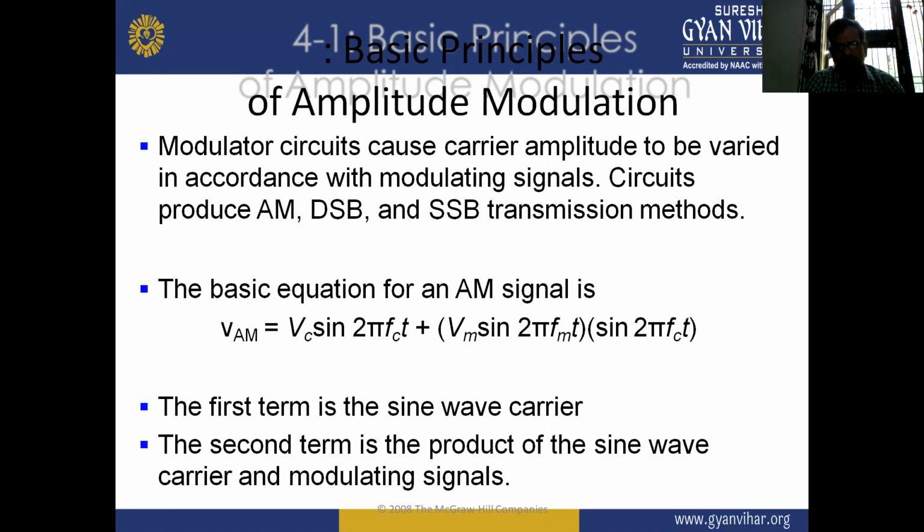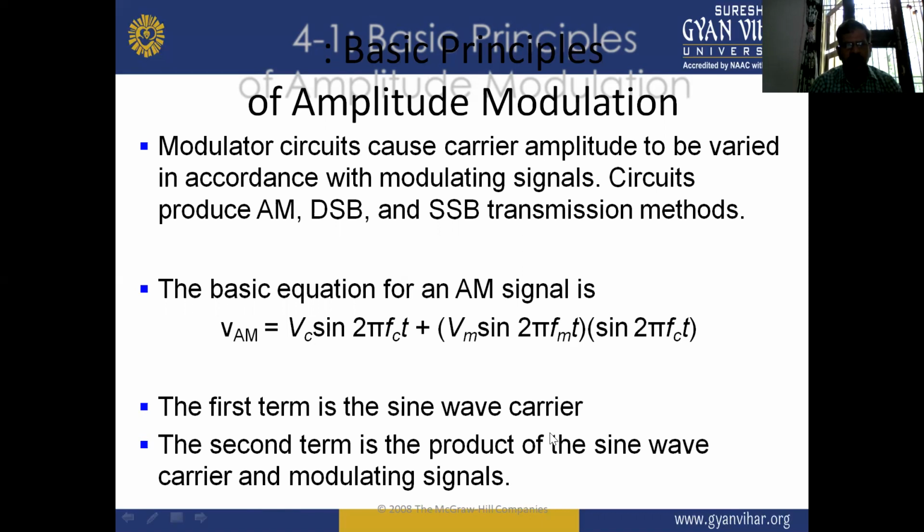The basic equation for an AM signal is VAM equals Vc sine 2 pi fct plus Vm sine 2 pi fmt into sine 2 pi fct. So this is the basic equation of the amplitude modulated signal in mathematical form. In this equation, the first term, Vc sine 2 pi fct, is the sine wave carrier signal.